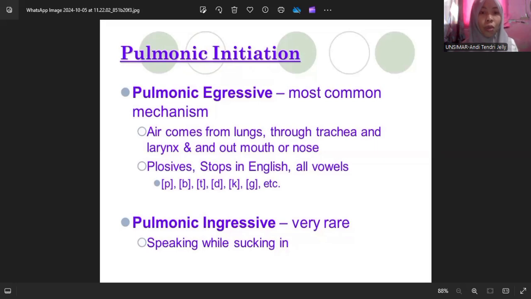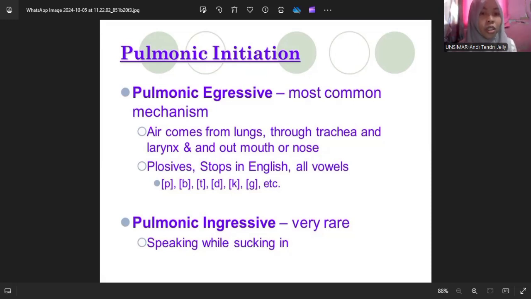The majority of human speech sounds are produced through this mechanism, specifically known as pulmonic egressive sounds, where air is pushed out from the lungs through the vocal tract.